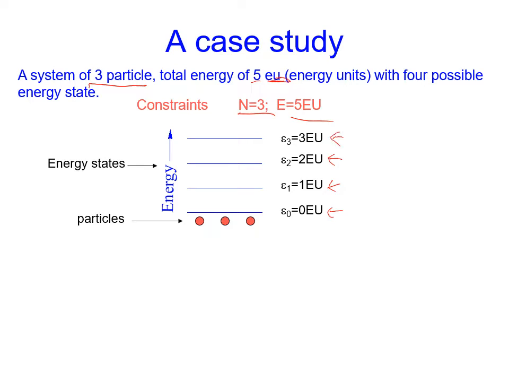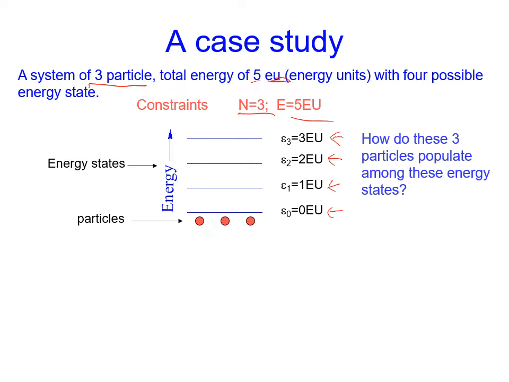So these 4 energies are the only allowed energies for this system. And the question is, how do these 3 particles populate among these energy states? In other words, what are the possible configurations?